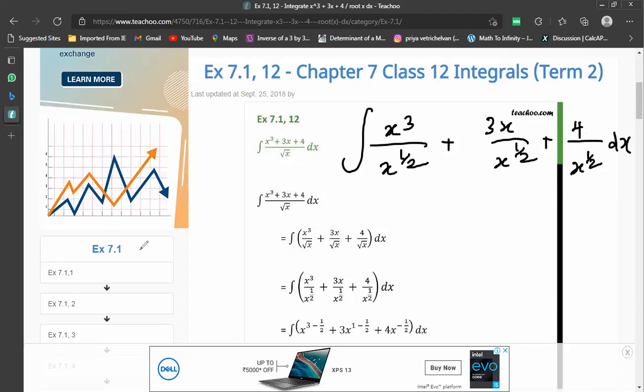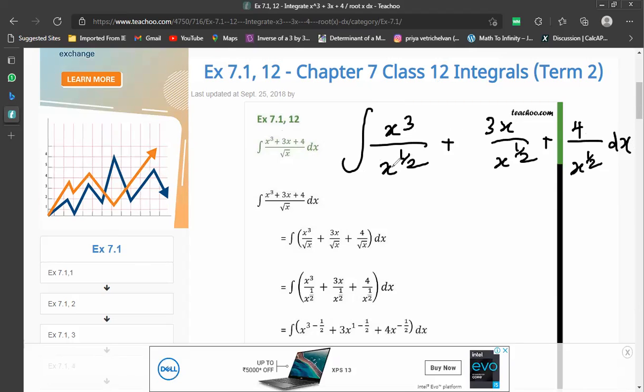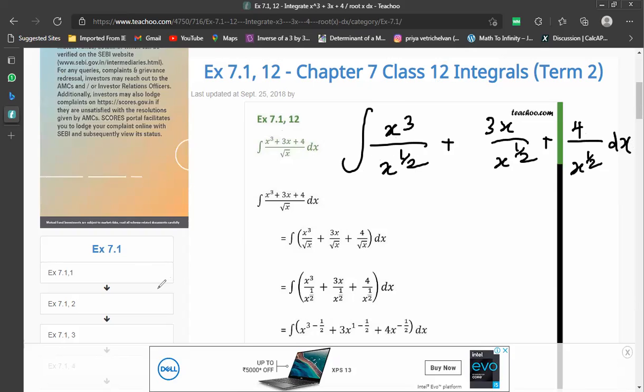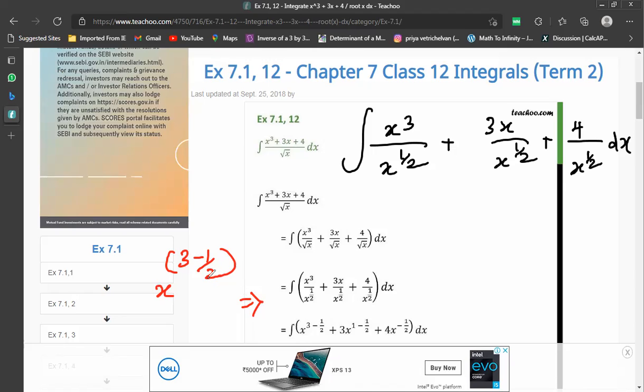Let's simplify one by one. X power 3 and x power 1 by 2. Just take this x power 1 by 2 to the numerator. So you can write it as x power 3 minus 1 by 2, isn't it? How will you simplify this? By taking LCM. What is 3 minus 1 by 2?